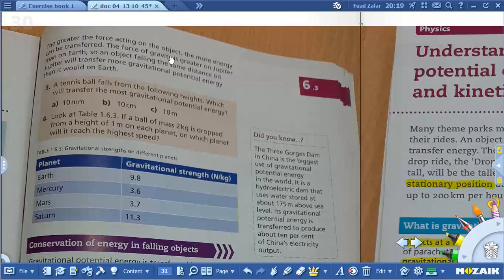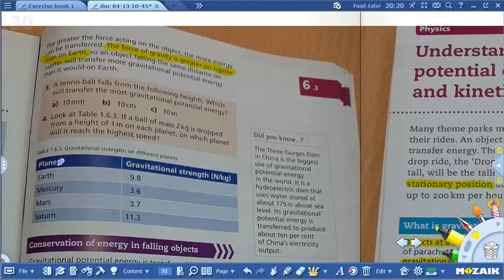The force of gravity is greater on Jupiter than on Earth. So an object falling the same distance on Jupiter will transfer more gravitational potential energy than it would on Earth.